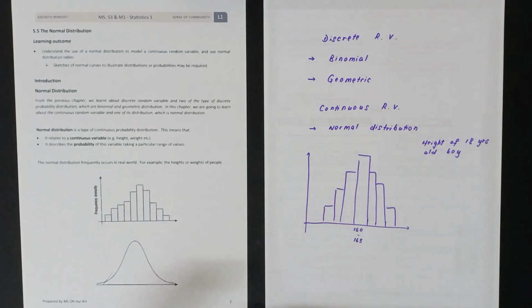What I'm trying to say here is that maybe the majority of the boys have this height, and if I add up the taller ones and the not so tall ones together, the average I get is maybe between 160 and 165 also.